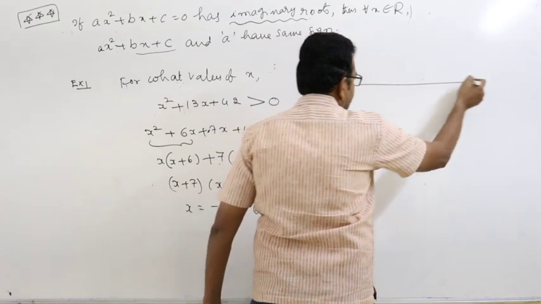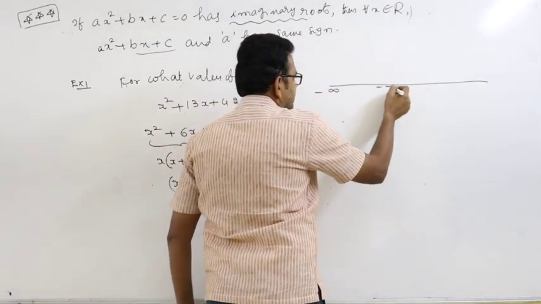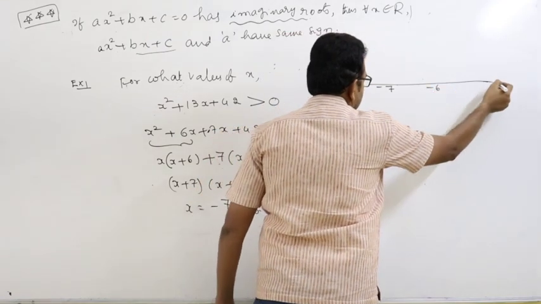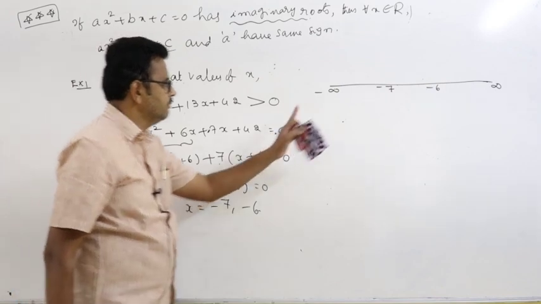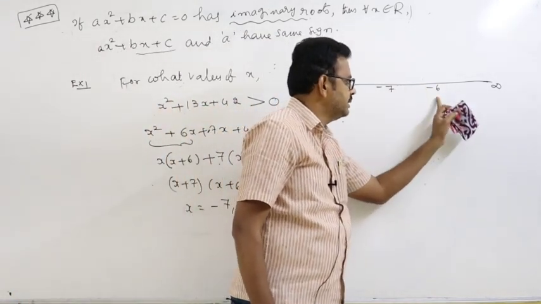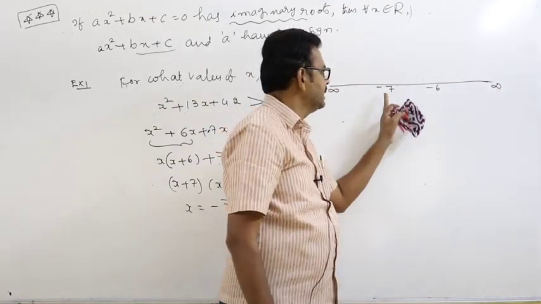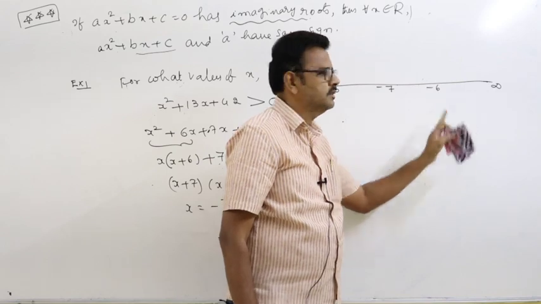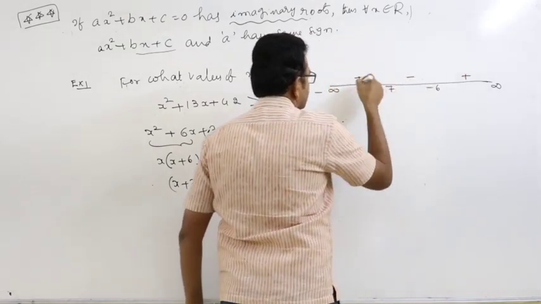So, by using the curve method, minus infinity, first minus 7, next minus 6, next plus infinity. Always put minus infinity, the least number alpha, then beta, and then infinity. Write them in increasing order: minus 7 is less than minus 6. To the right of minus 6, put plus, minus, plus.